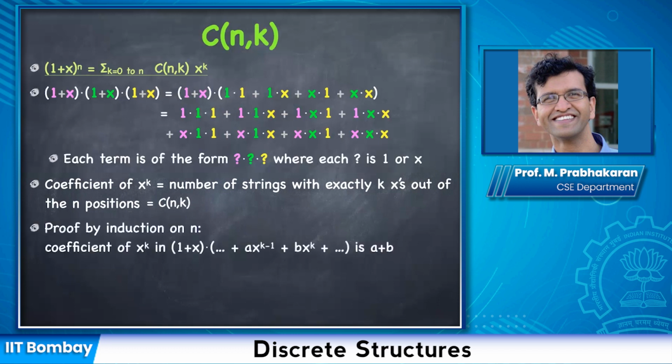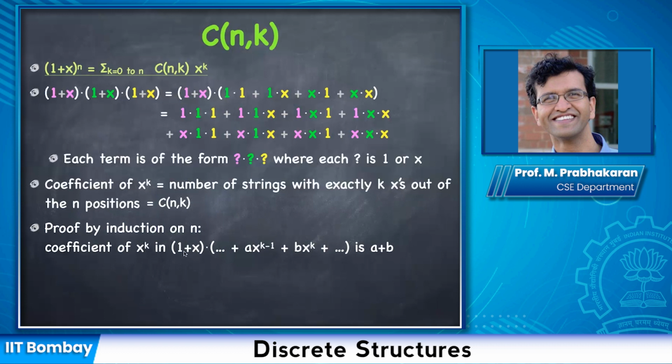If you're not fully convinced, you can prove this by induction. Just to describe the inductive step, you'll be considering 1 plus x times (1 plus x) to the n minus 1, and (1 plus x) to the n minus 1 you would have expanded using the inductive hypothesis. So all these a and b are coming from the expansion from the inductive hypothesis.